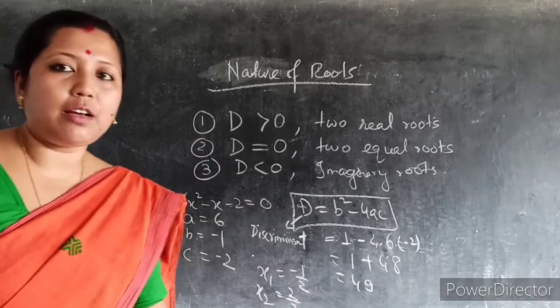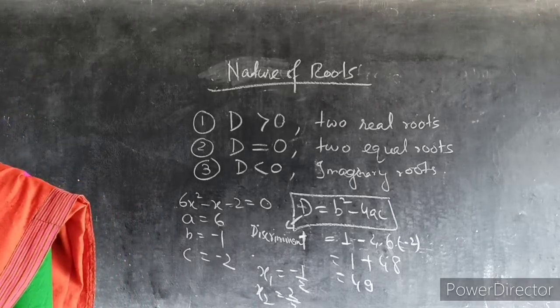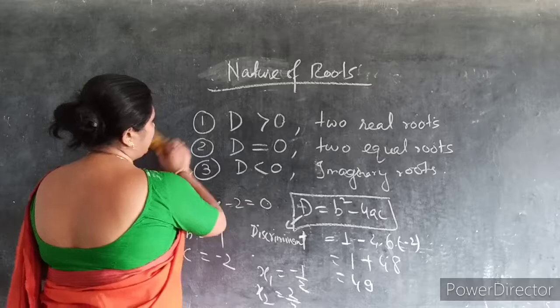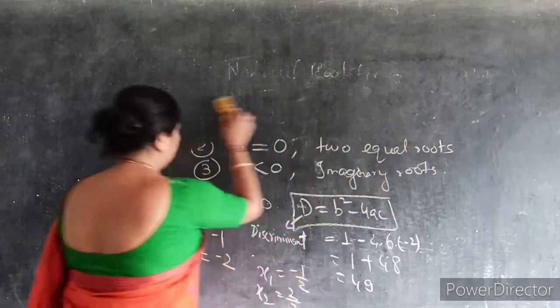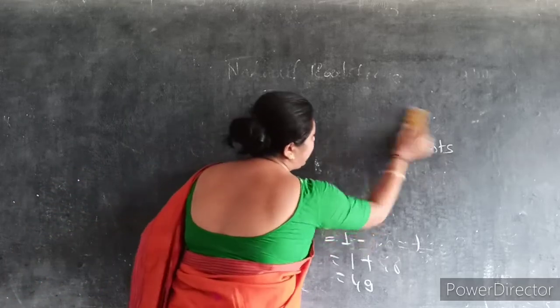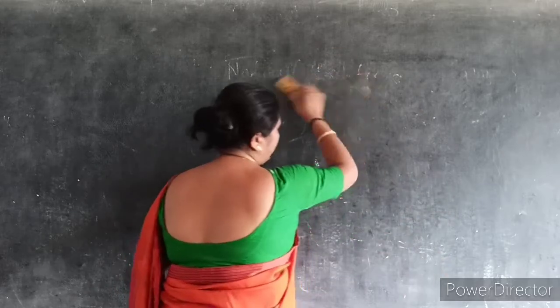So this is the meaning of two real roots. So this was the first example. Let me take a second example, when D equal to 0, so you will get two equal roots.